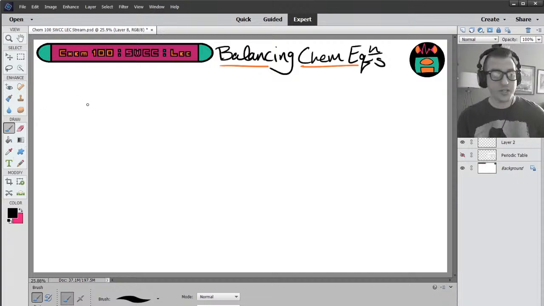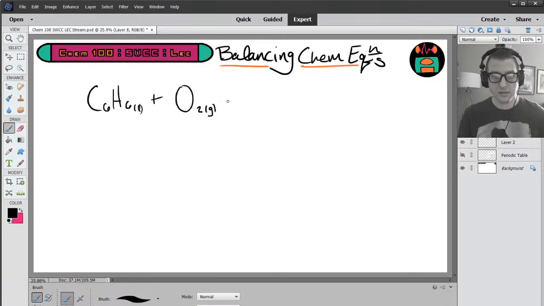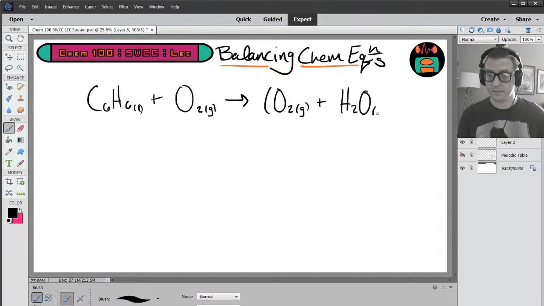This is the combustion of benzene. Benzene is C6H6. We would call that hexacarbon hexahydride. It reacts with O2 gas to produce carbon dioxide gas plus water vapor, also a gas.